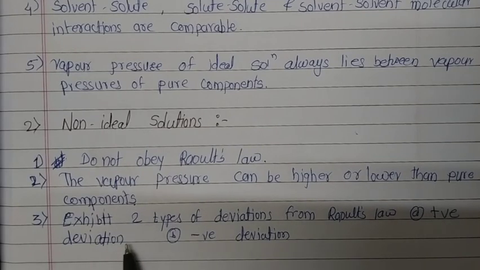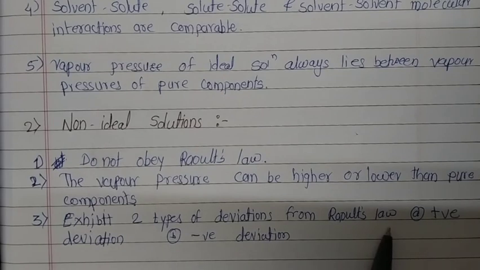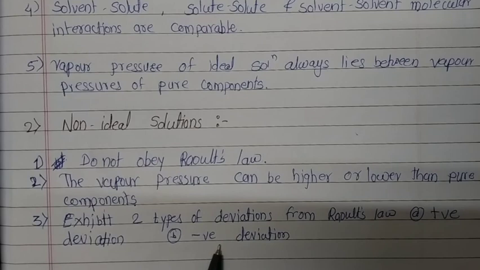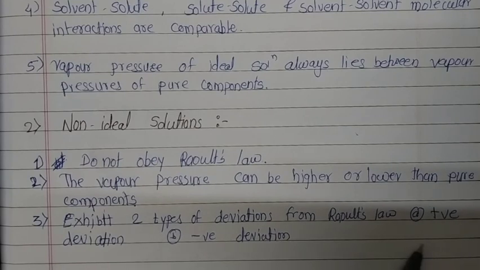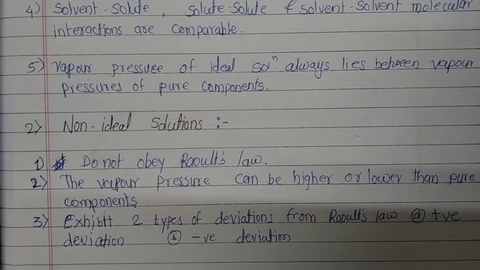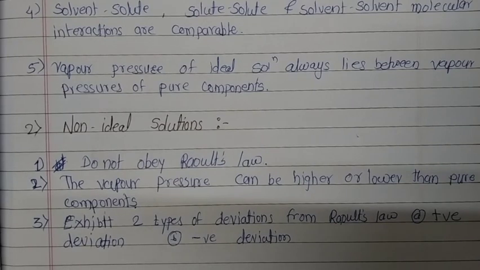And third, they exhibit two kinds of deviations from Raoult's law, positive deviation and negative deviation. The positive deviation is seen in ethanol and acetone system, and the negative deviation is seen in phenol and aniline system or chloroform and acetone. They exhibit negative deviations from Raoult's law.